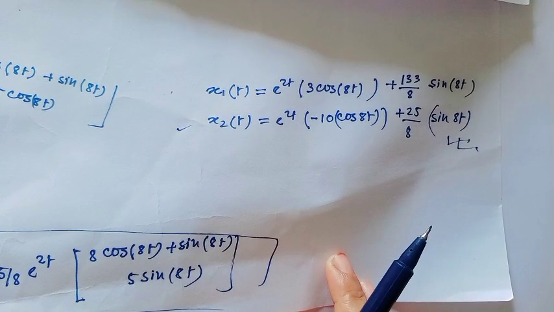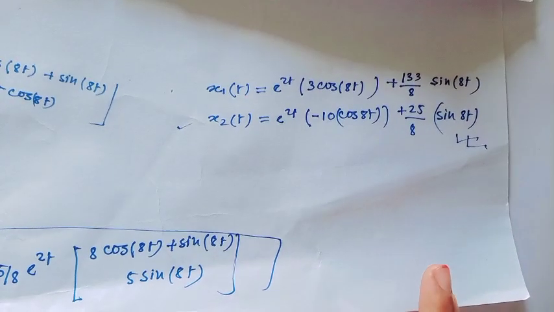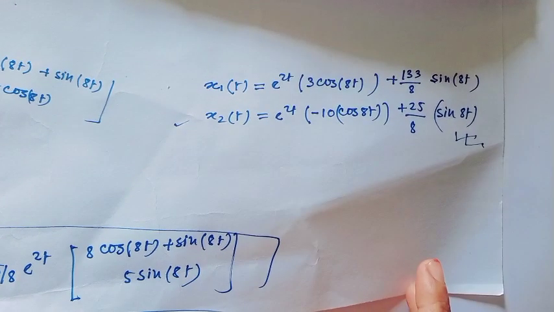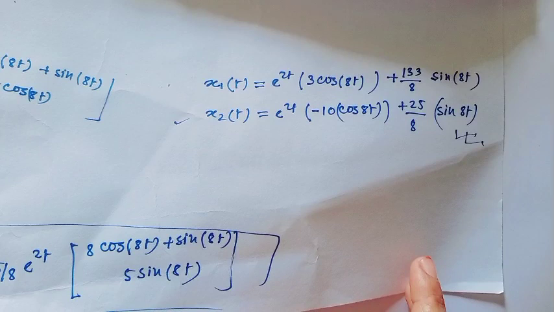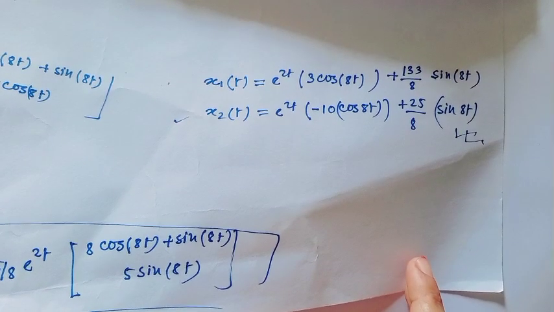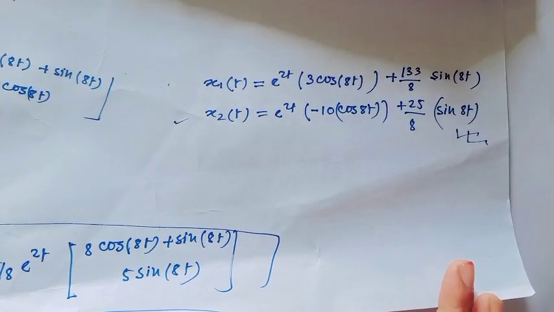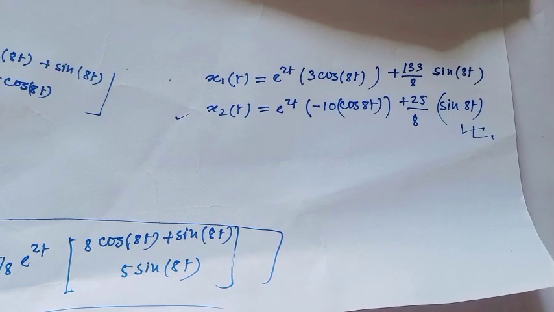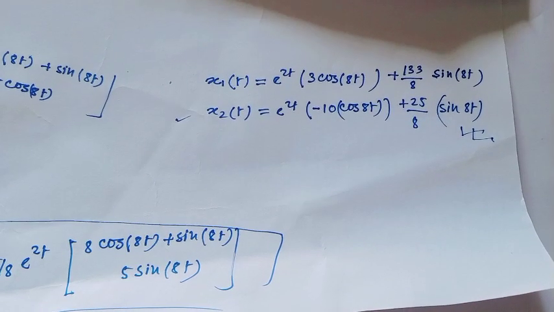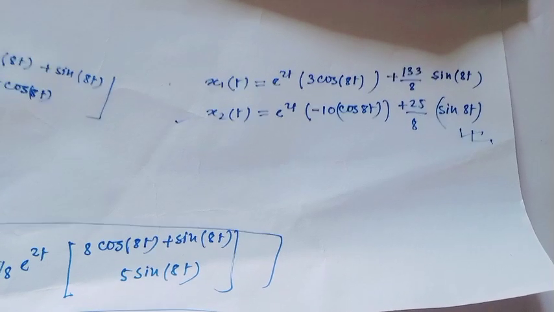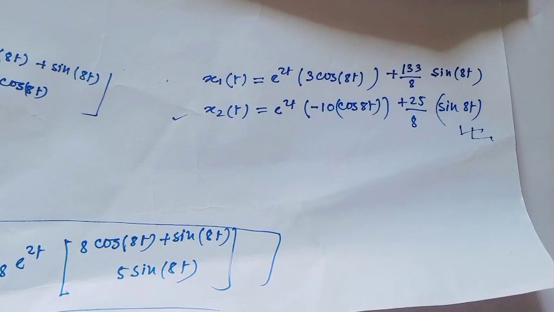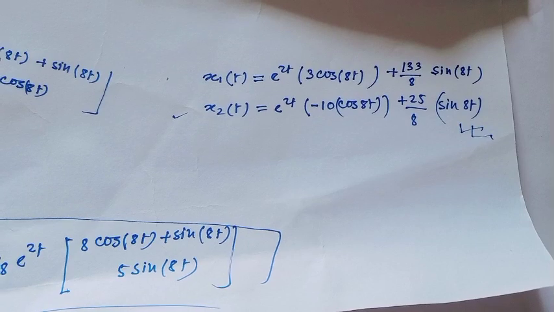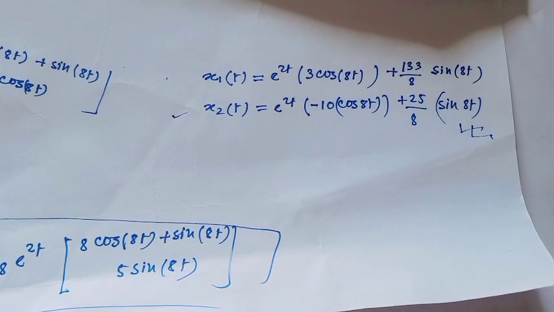I hope all my viewers have understood. Here the solution is always fixed. In the previous example, c1 and c2 were arbitrary, but here I have got the values of c1 and c2, so the solution is fixed.